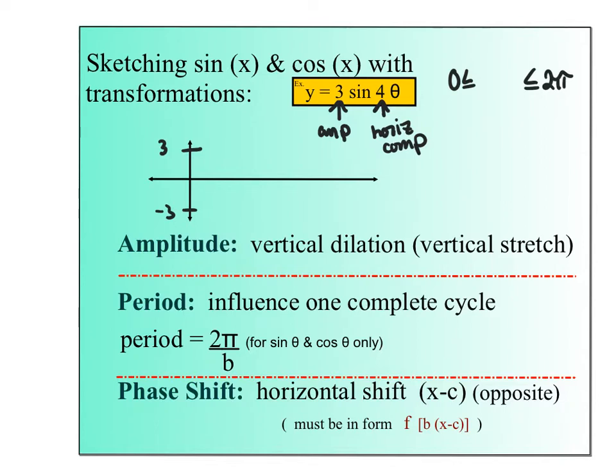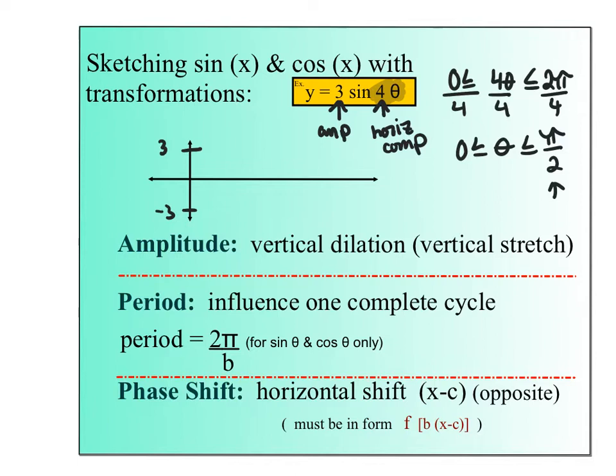And then I take the horizontal transformations, all of them, in this case it's just 4 theta, and I drop that right in the middle of this inequality. And then I solve for theta. So divide everything by 4, and I get 0 is less than theta is less than pi over 2. So this particular function has been horizontally compressed by 4. If you take 2 pi and divide it by 4, you get pi over 2.